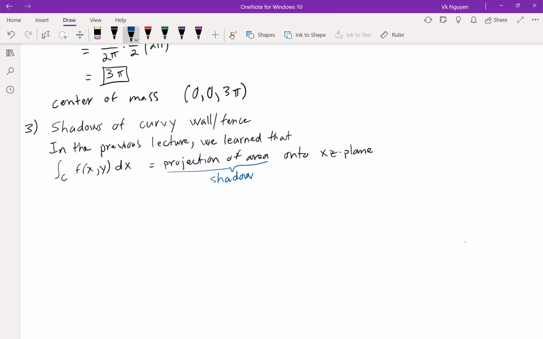Okay. And we also see that f(x,y) dy is the projection of area onto a yz plane. Might as well sketch one of them for you to see.